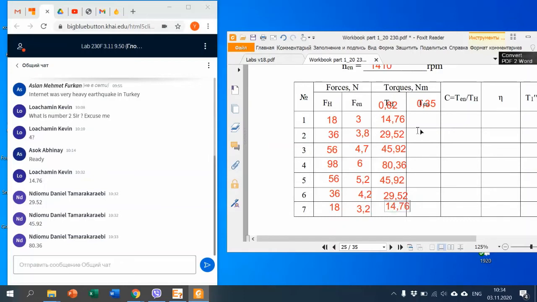Okay. F engine should be times 0.35. 1.05.